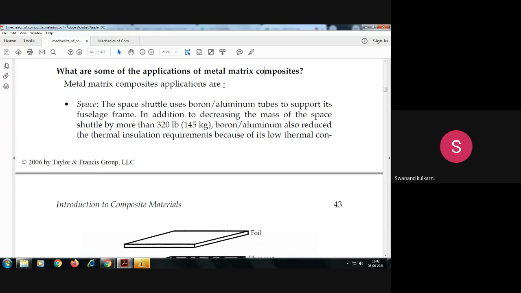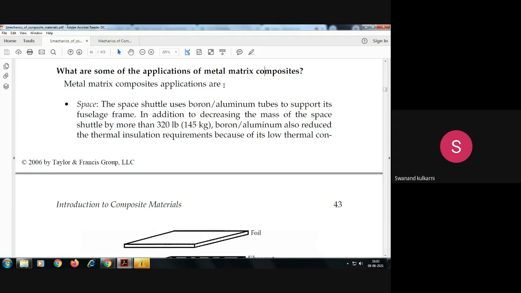Polymer matrix composite has the advantage of being lightweight, but it has the limitation of temperature range, because for higher temperature ranges the polymer matrix composites would not work. But in case of metal matrix composites, there are certain higher temperature regions where applications of metal matrix composites are possible. So naturally melting points of metals are higher than polymers. So that's why metal matrix composites are stronger for some higher temperature regions.